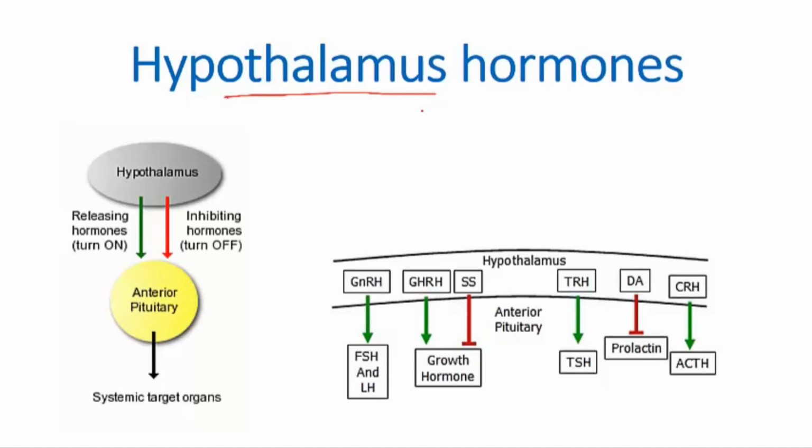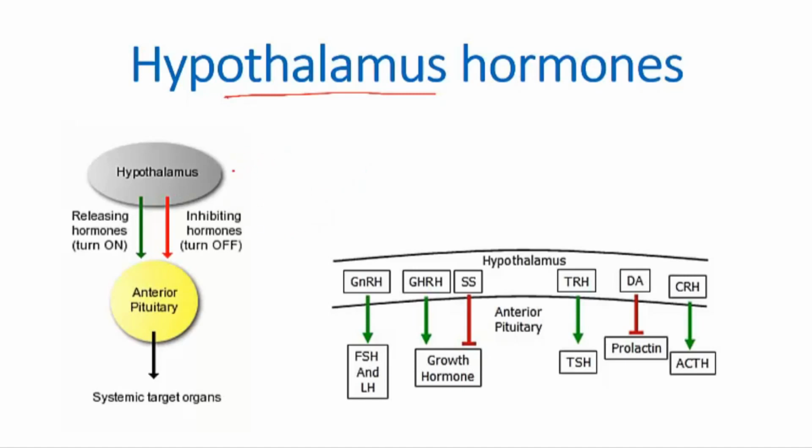Okay, so if we look at the hypothalamus first, the hypothalamus has clusters of neurons that secrete different types of neurohormones into the circulation of our blood. If we look here, there are different regions in the hypothalamus.